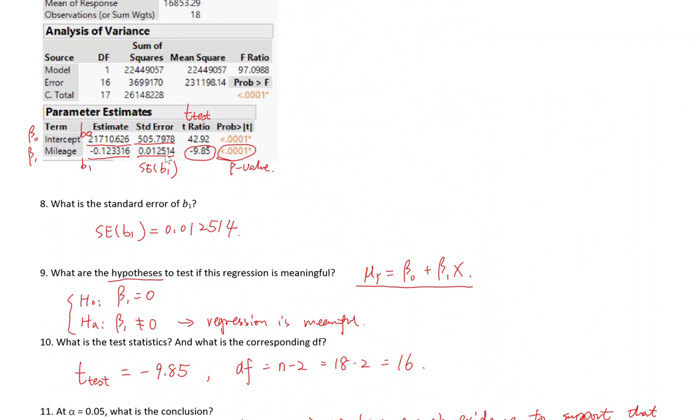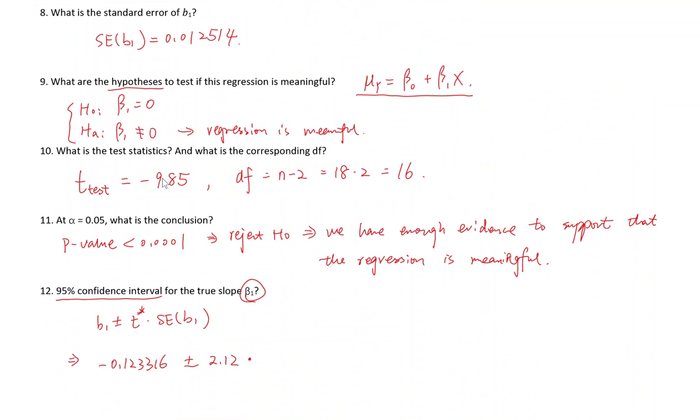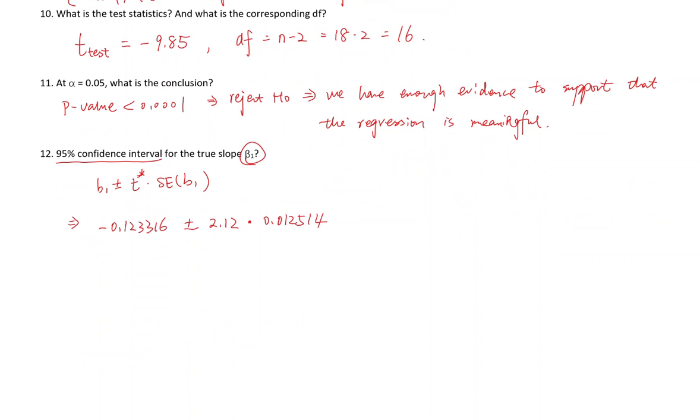It's this, which is 0.0125 12514. Then you just make the calculation. You should have the confidence interval from negative 0.1495 to negative 0.0965. Once you have the confidence interval, you need to interpret it.